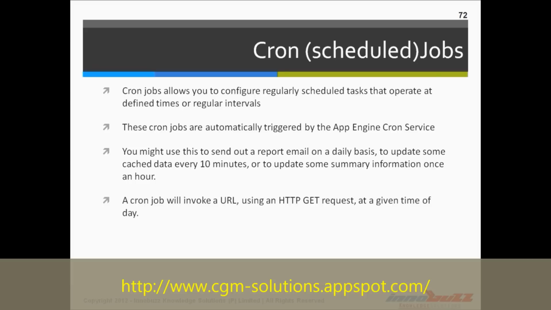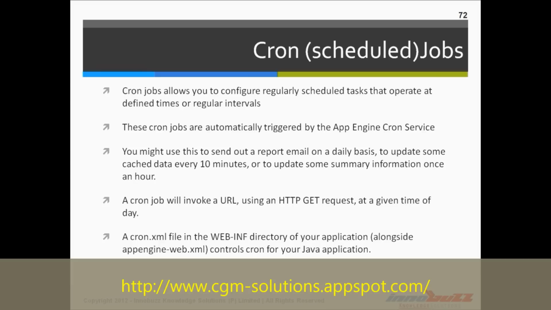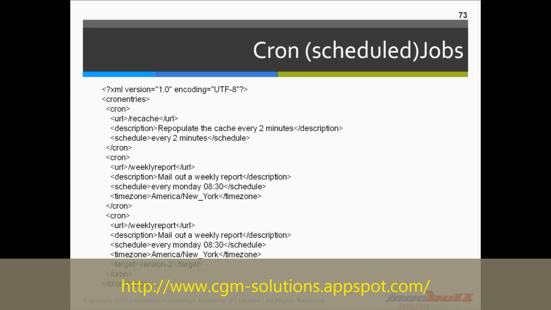A cron job will invoke a URL using an HTTP GET request at a given time of day. For this, a cron.xml file in the WEB-INF directory of our application controls all the crons for your Java applications. This is a sample cron.xml, which has three different cron jobs.